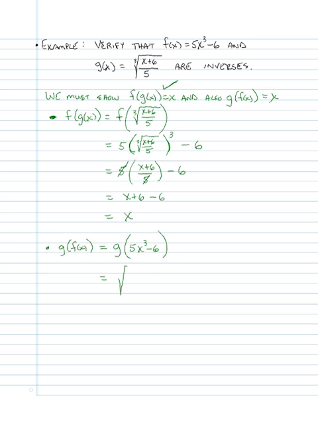Well, it takes the input and puts it inside a cube root. And where does it go inside the cube root? Well, inside the cube root is a fraction that has a plus 6 here in the numerator, and a 5 in the denominator, and the input goes in this position right here. And so that's a 5x cubed minus a 6 as our input.